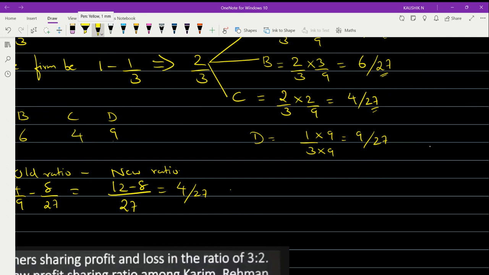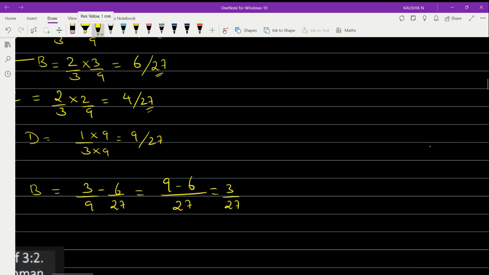Similarly, work out for partner B. So for partner B, the old ratio was 3 by 9 minus the new ratio, which was 6 by 27. 27 will be your LCM. 9 threes are 27, 3 threes are 9, minus 6, 3 by 27.